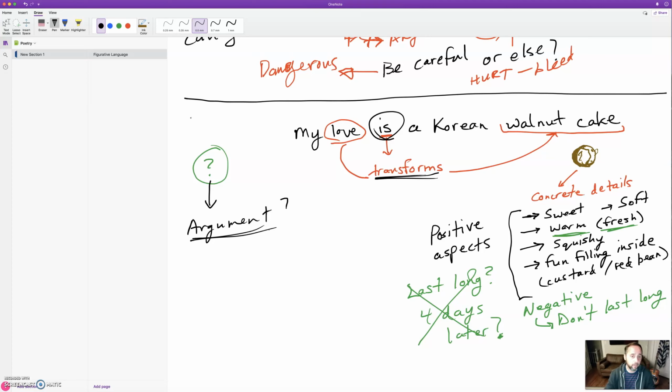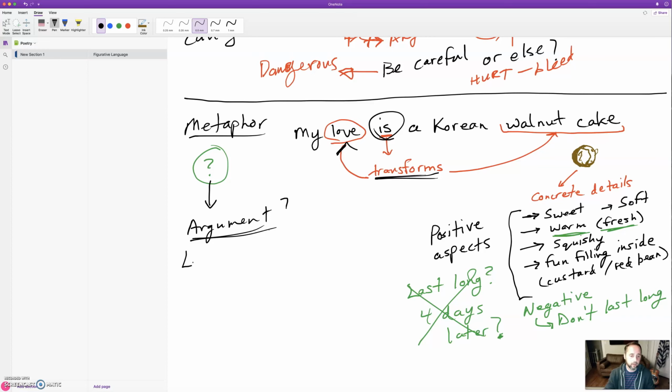So every metaphor is automatically argumentative. Every metaphor. It's an argument because we are saying this is what love is. And it becomes this other thing. And whatever this other thing is what love is like. Right?